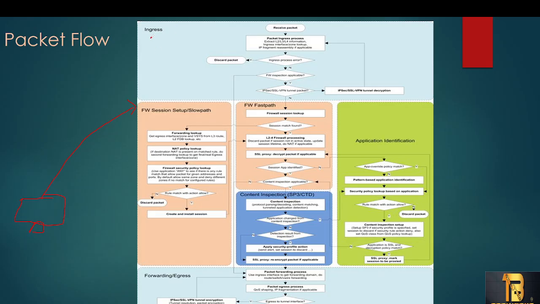There are multiple stages once the packet reaches the firewall, like ingress stage, slow path, fast path, application identification, content inspection, and egress stage. All these stages have to be completed in order for the packet or traffic to come out of the firewall. If something goes wrong in any stage, the firewall will not send the traffic out, and the firewall will drop the packet.